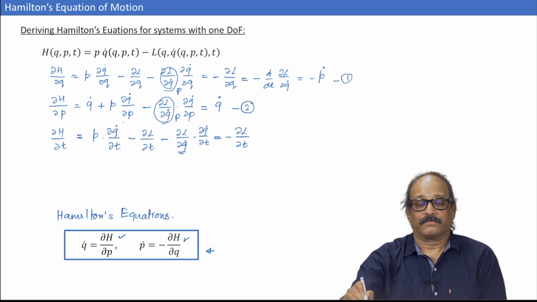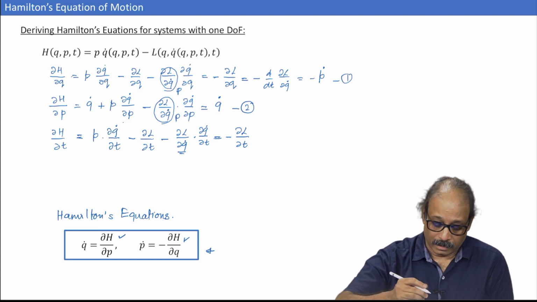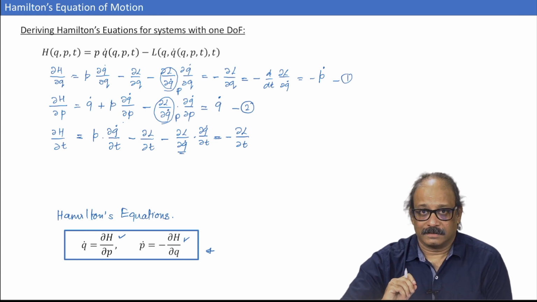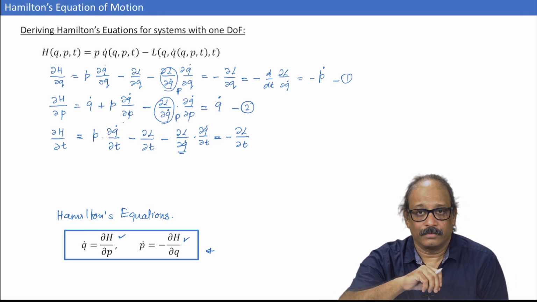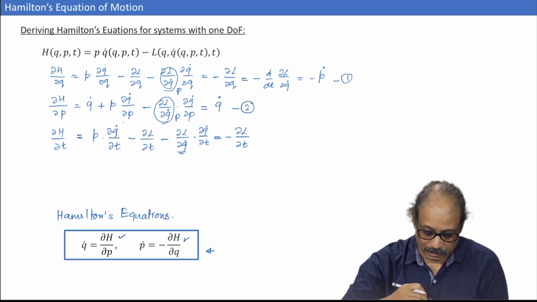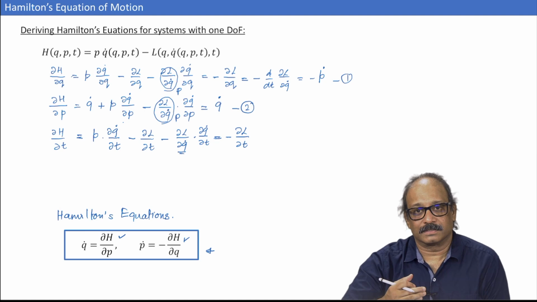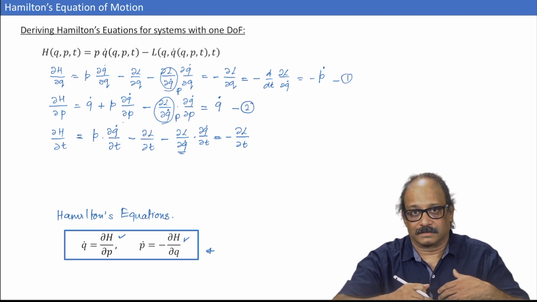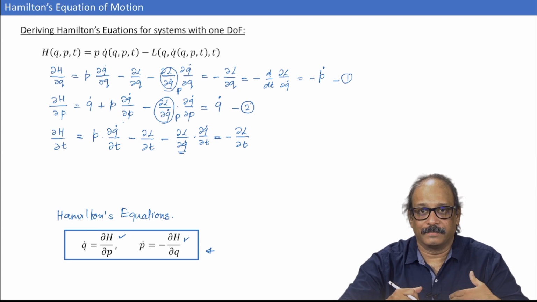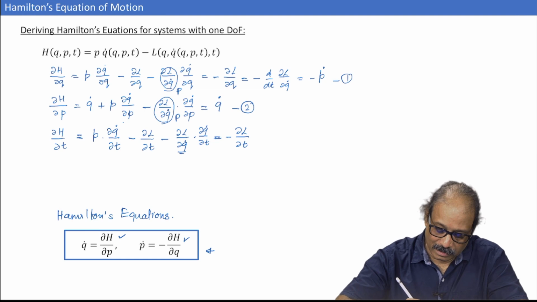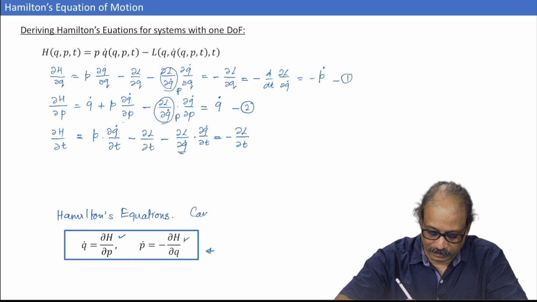Okay. Fine. Now, look at the symmetry of this. It is a nice thing that happens, that now momenta and coordinates, or p and q, are almost on the same footing, and the structure of the equations has a nice symmetry. Because of this symmetry and simplicity, these equations are also called canonical equations.